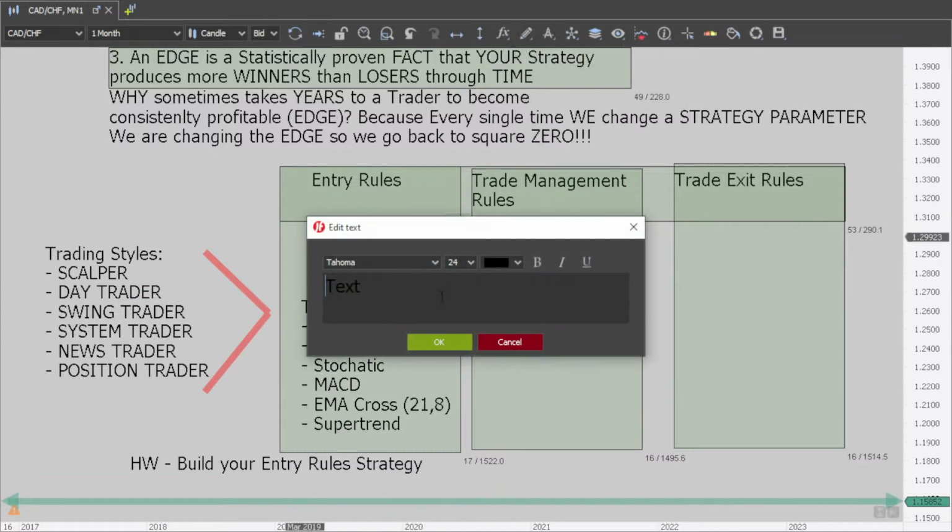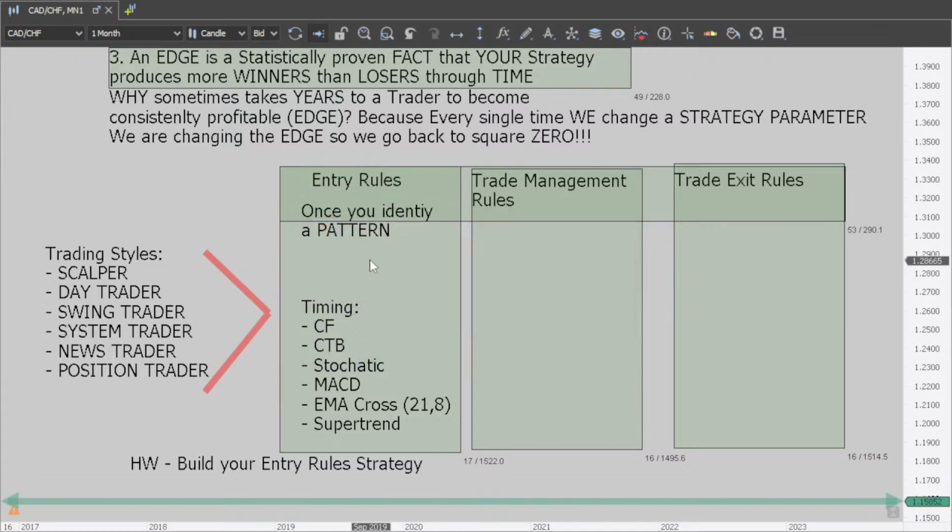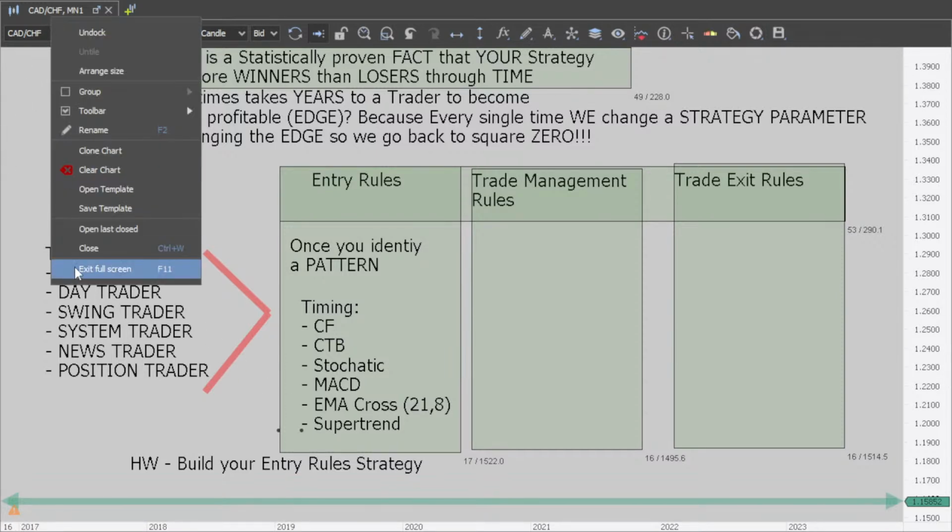Once you identify a pattern, then you go to timing. Osman asks, does position sizing come into this framework at this stage? Answer: yes sir.